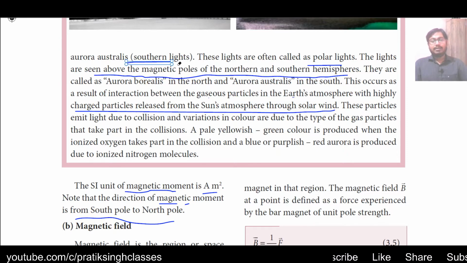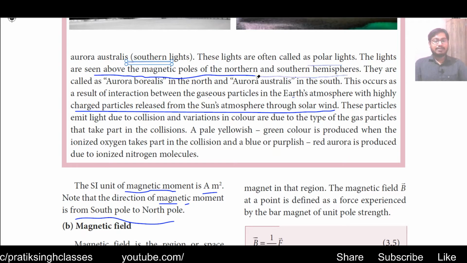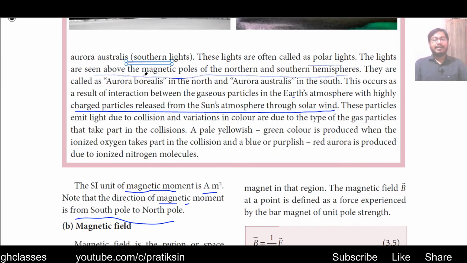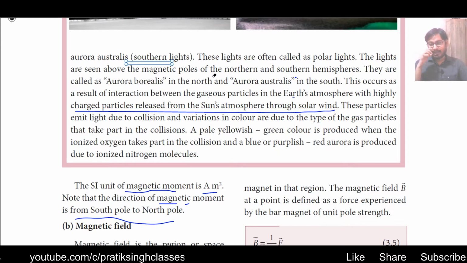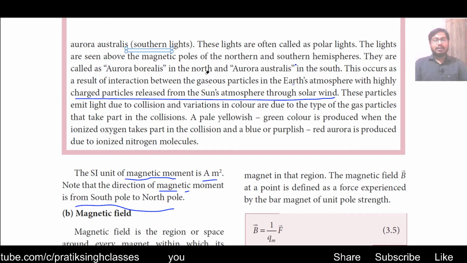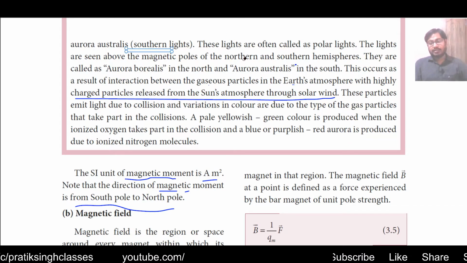Those energetic currents contain very high energetic charged particles. When those charged particles come in contact with the Earth's magnetic field, it creates a dazzling color dance in the sky at night. But it doesn't harm us because of the protective layers of the Earth.